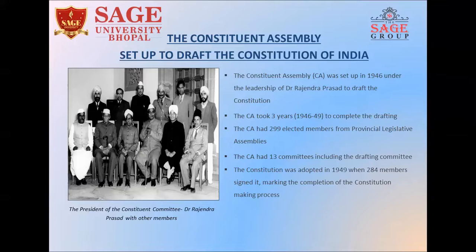The Constituent Assembly had 299 elected members from provincial legislative assemblies. This assembly had 13 committees, including the drafting committee. The Constitution was adopted in 1949 when 284 members signed it, marking the completion of the constitution making process.